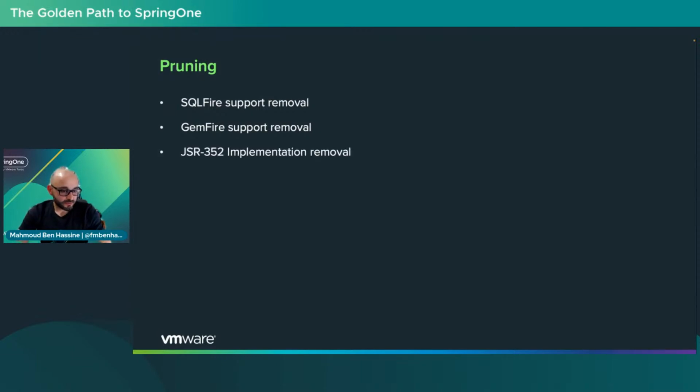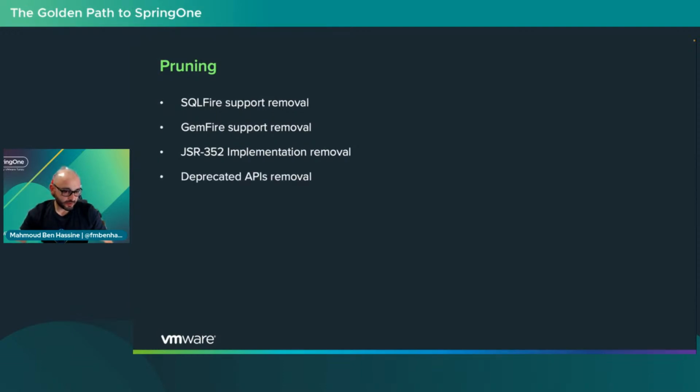We also removed the implementation of JSR 352. So this is the batch spec. And this is due to a lack of adoption of the implementation. So we didn't have any work to do on this implementation, and due to this inactivity, we decided to remove the implementation in Spring Batch 5.